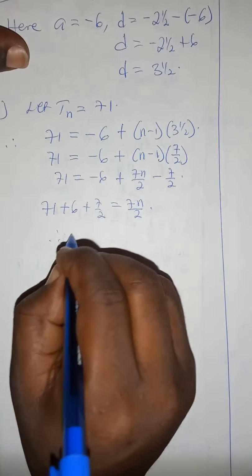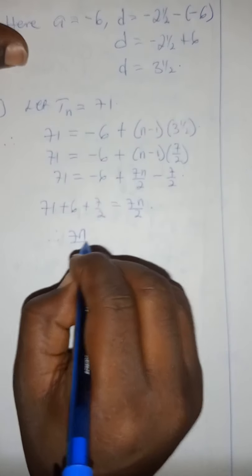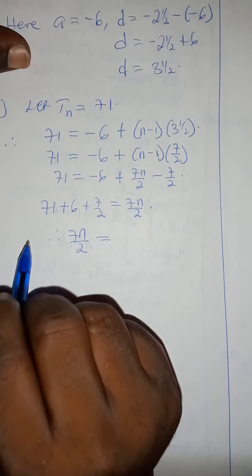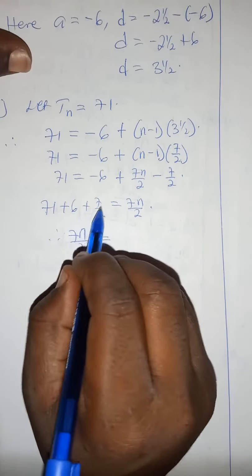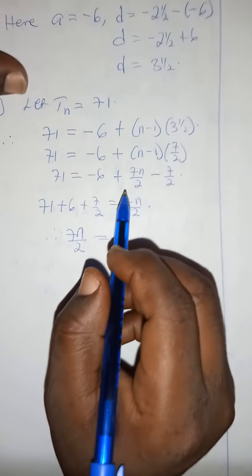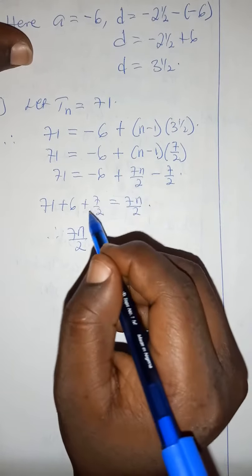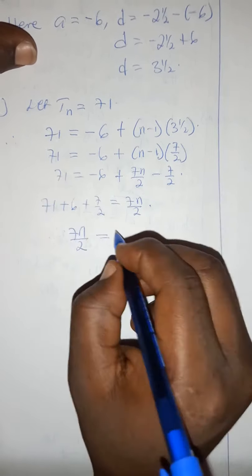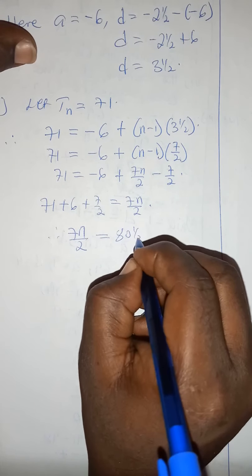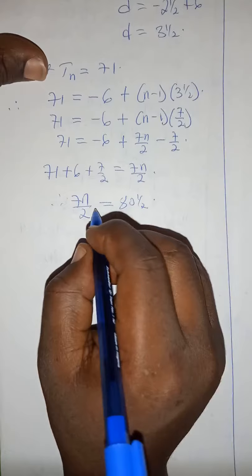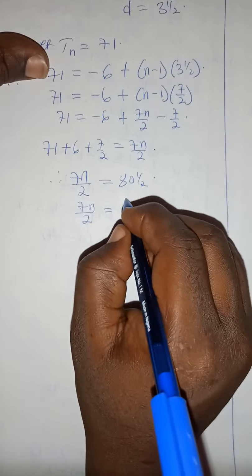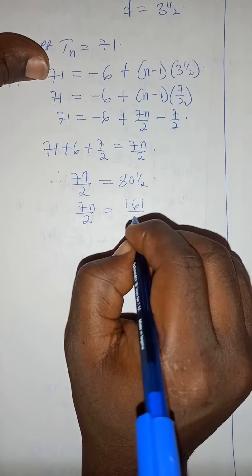So I have therefore 7n over 2 is going to be equal to 71 plus 6, that's 77. 77 plus 3.5 is going to be 80.5. 80.5 should be changed to an improper fraction: 161 divided by 2, right?